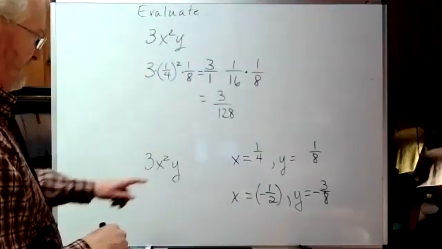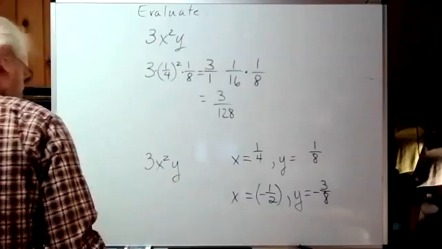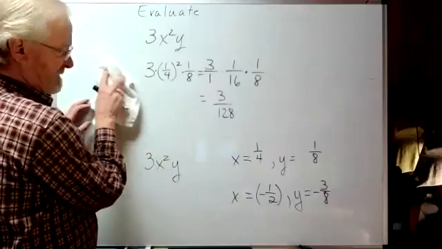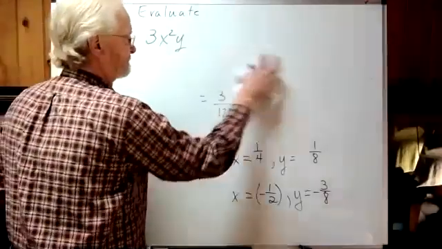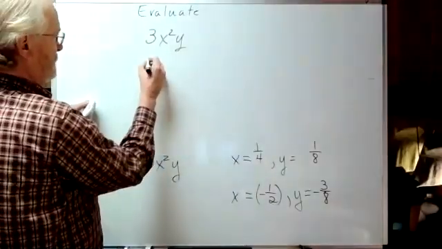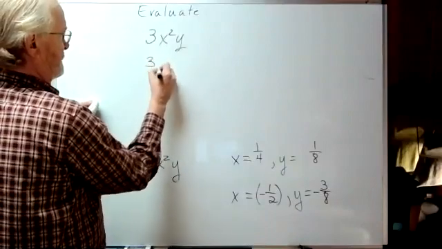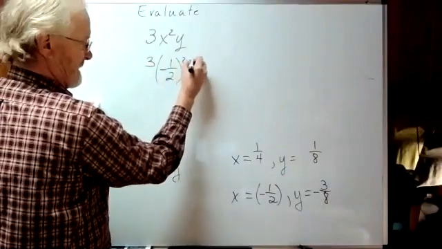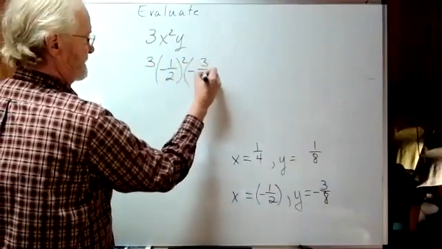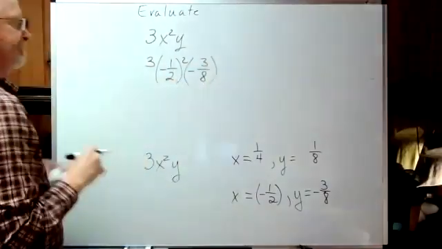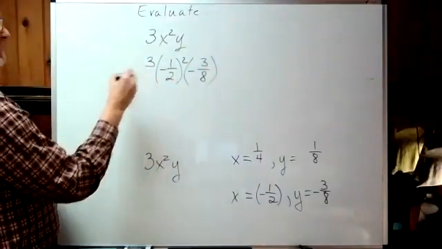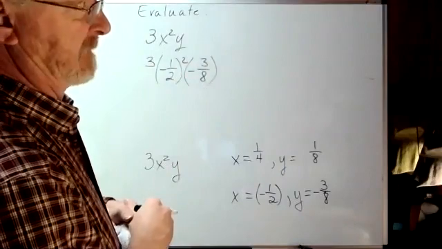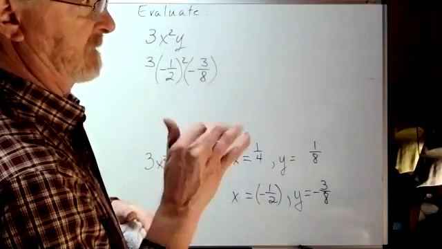All right, and the last one, the other version of that I made up, let's put in those other 2 numbers. The thing about this one is it's got negative signs in them. Okay, so 3 times -1/2 squared and -3/8. I was a little confused with the -1/2. So that would just end up being a positive 1/4, right?